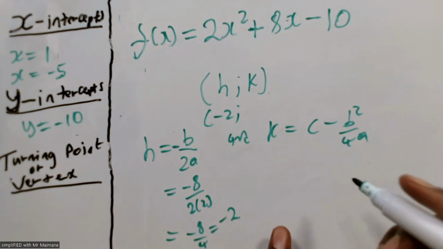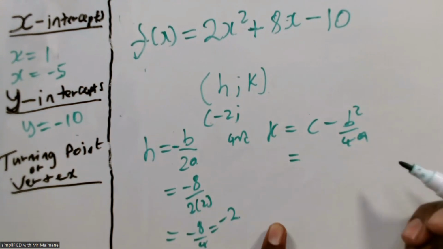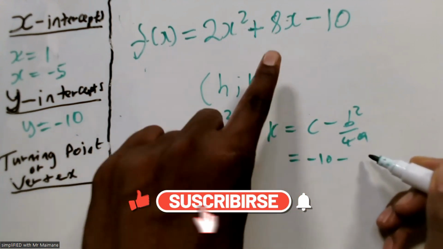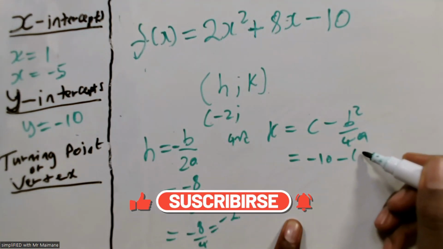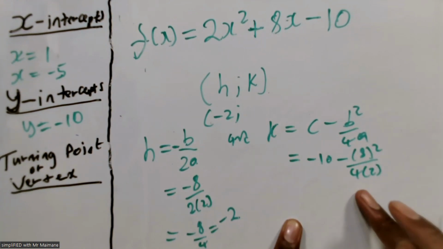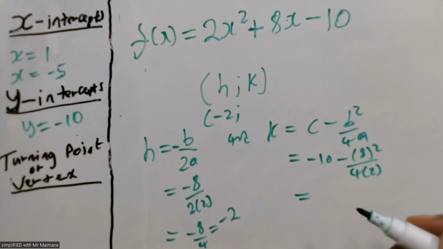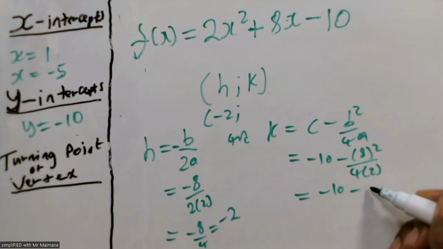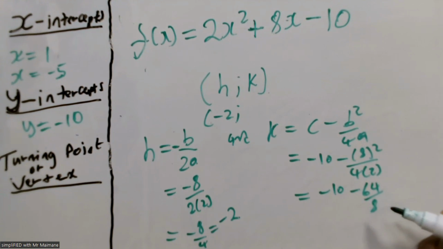And then for k, I use that. For k, it's going to be c, which is minus 10, minus 8 squared, all over 4 times 2 for a, like that. This is going to be minus 10 minus 64 over 8.